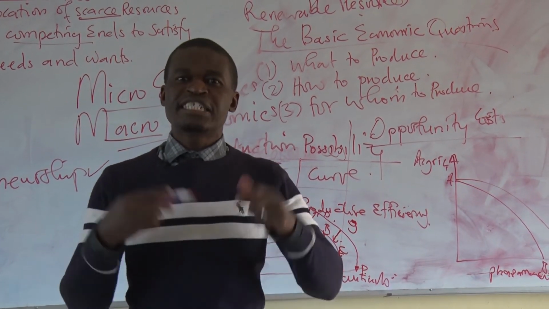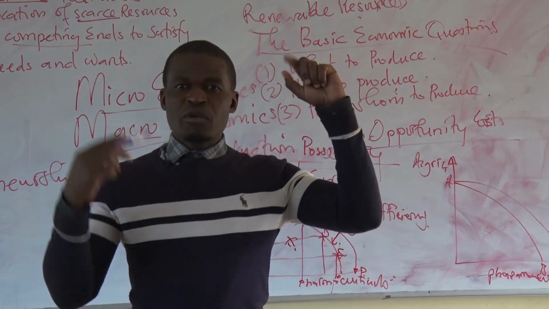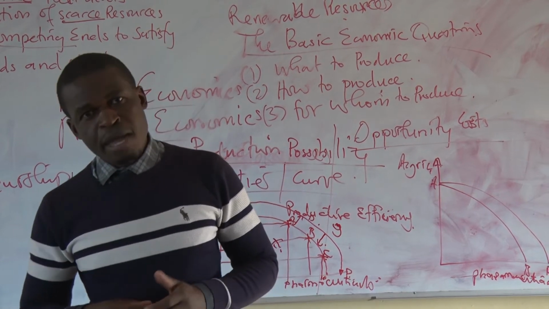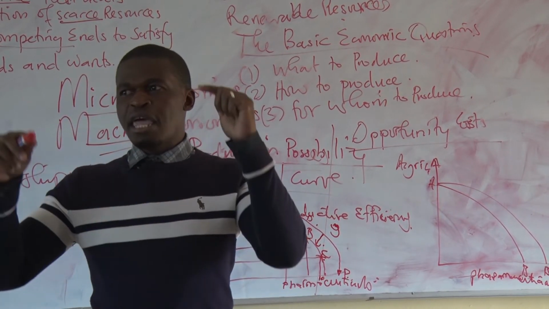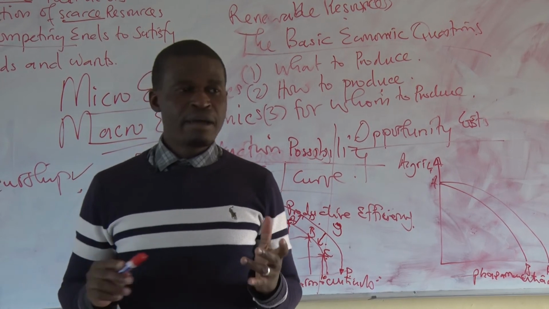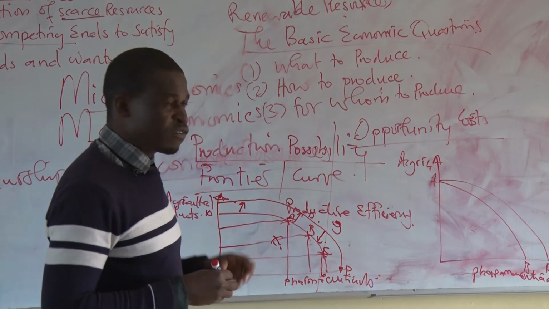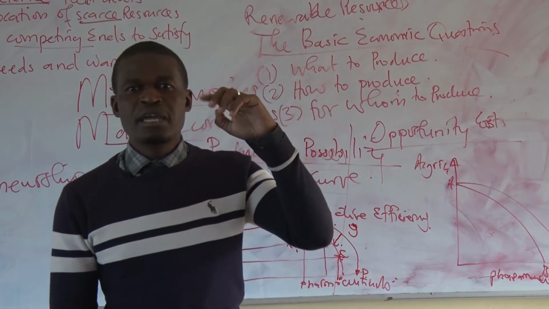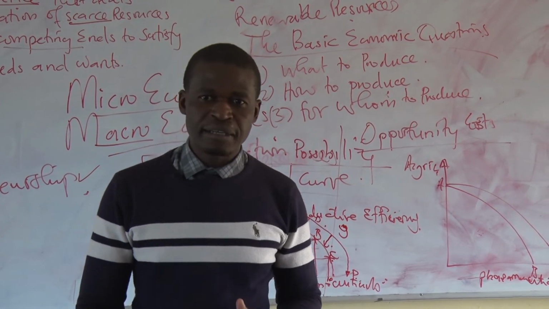So there has to be a transformation in those machines that were producing agricultural produce to them being made to produce pharmaceutical products. So it will take some time, so there will be an increase in opportunity cost or the marginal rate of transformation.